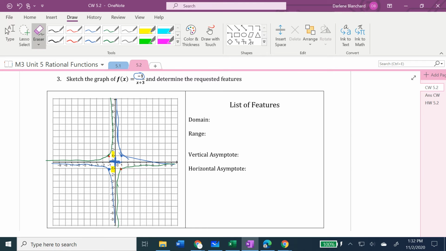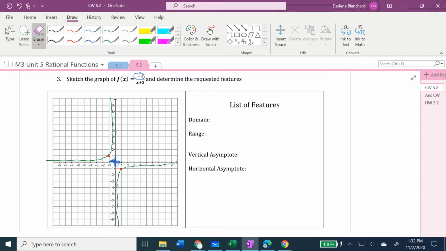I'm going to erase the parent graph. And do you see that the plus sign is not going to be affected by any kind of multiplication? That center of your axes will not be changed by any multiplication that you do.